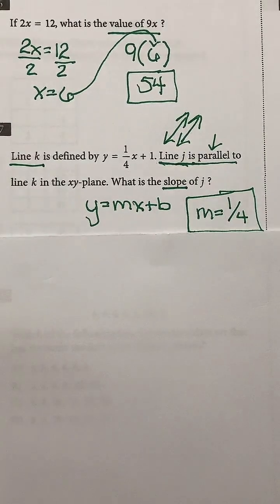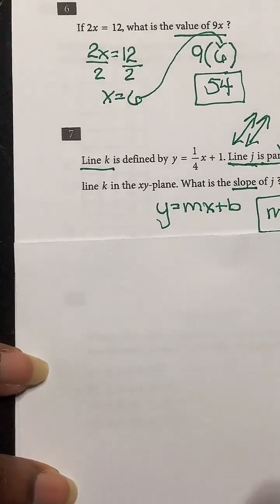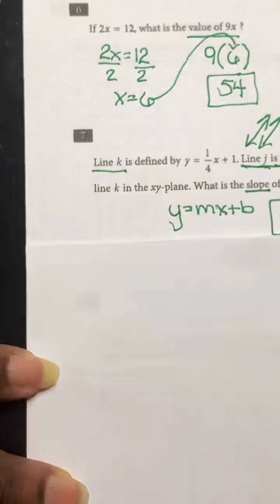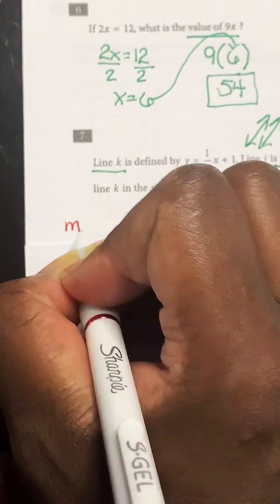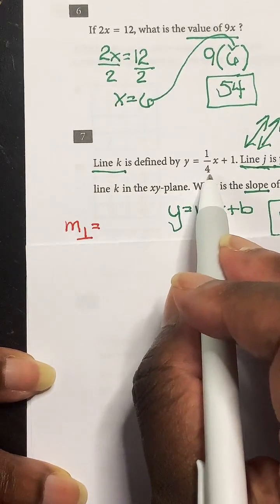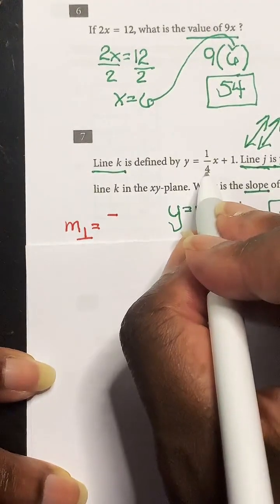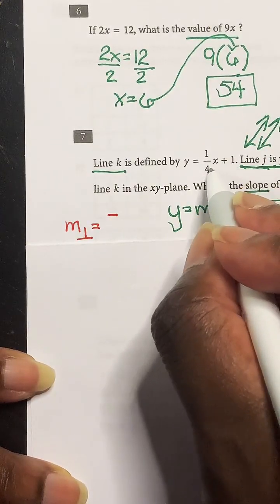Perpendicular, because I saw some people put that in there. Perpendicular lines are the ones where you have to do the opposite reciprocal. So let me switch to a different color. If I wanted to find the slope of the perpendicular, if the original is 1/4, opposite means it'll be negative because this is positive, and reciprocal means you flip this.